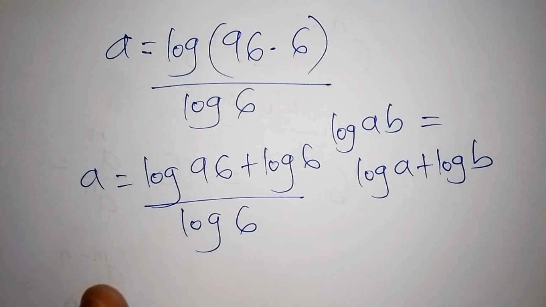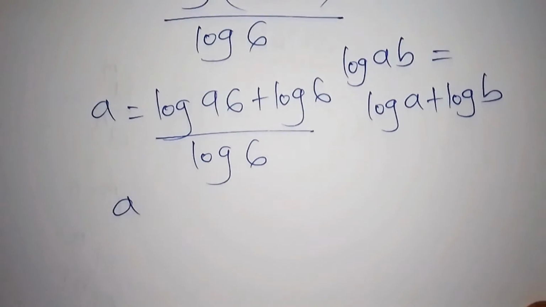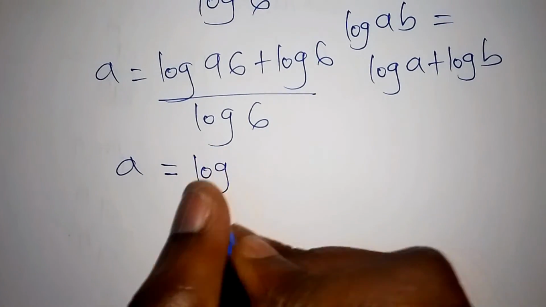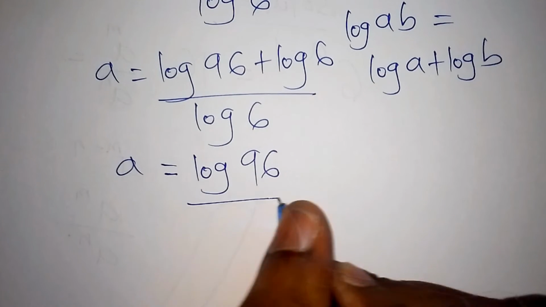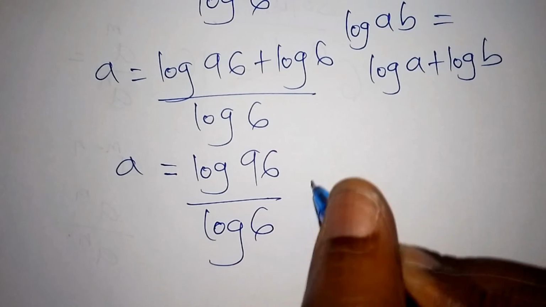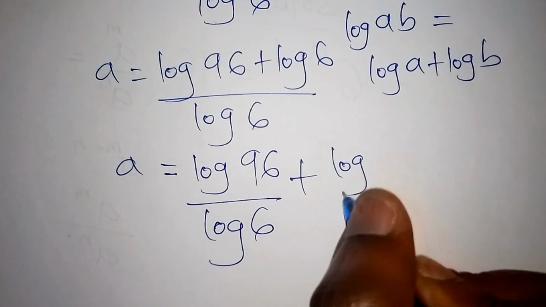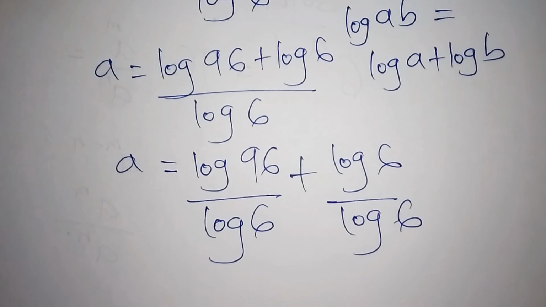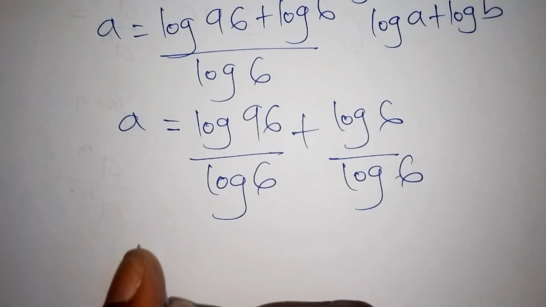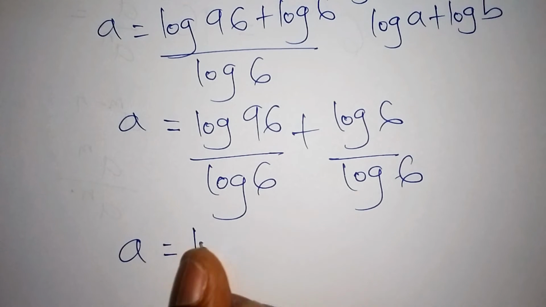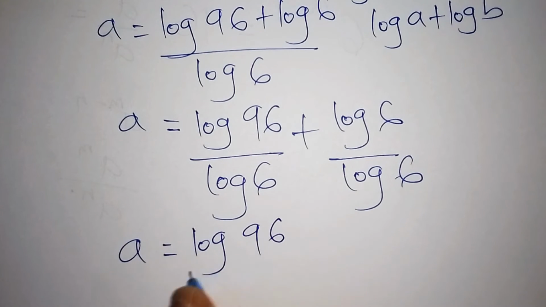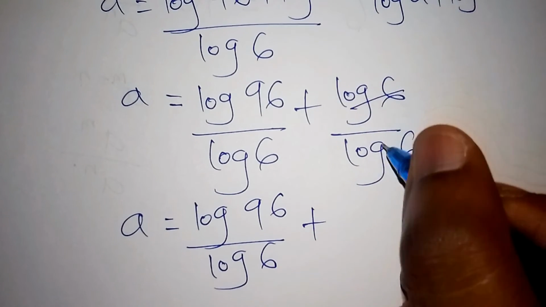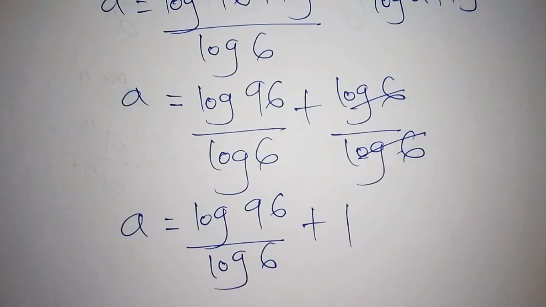So now our a shall be equal to the log of 96 all over the log of 6, plus the log of 6 all over the log of 6. Our value for a is equal to the log of 96 all over the log of 6, then plus the log of 6 and log of 6 shall cancel each other, so now we shall have plus 1.